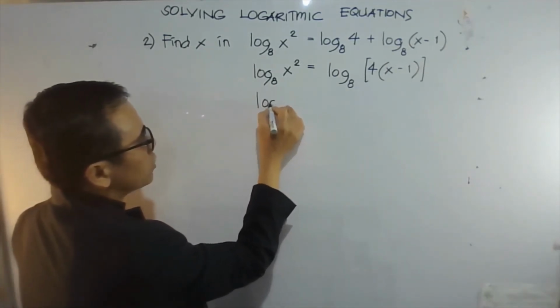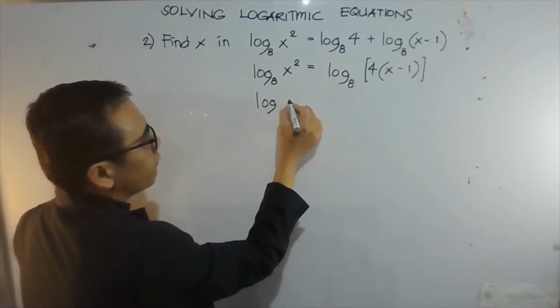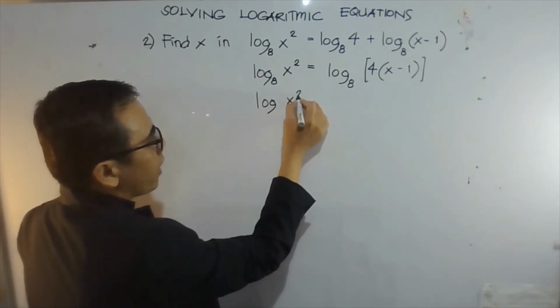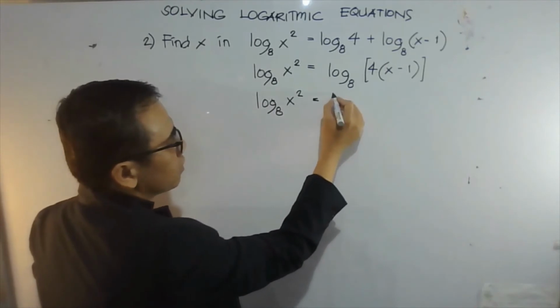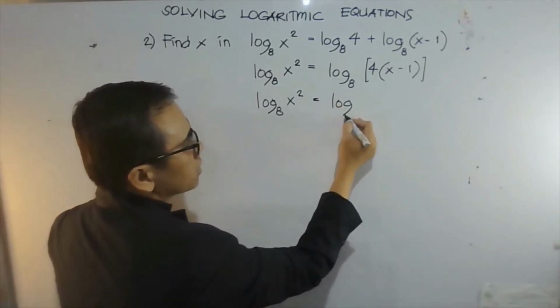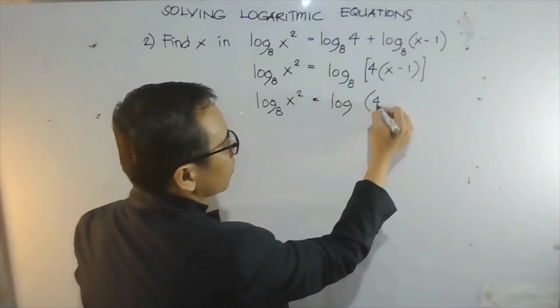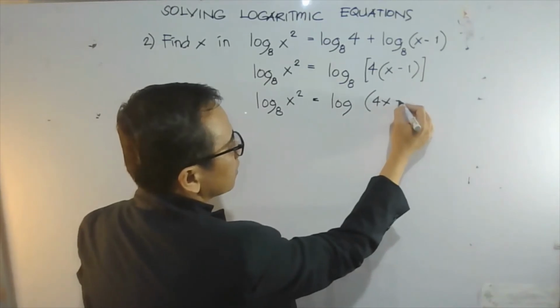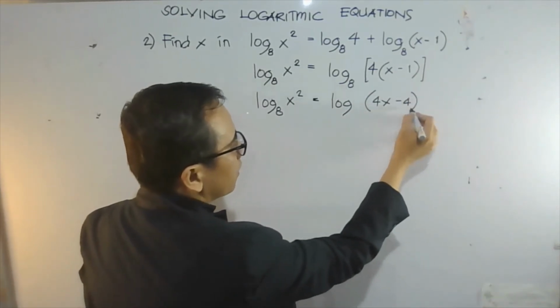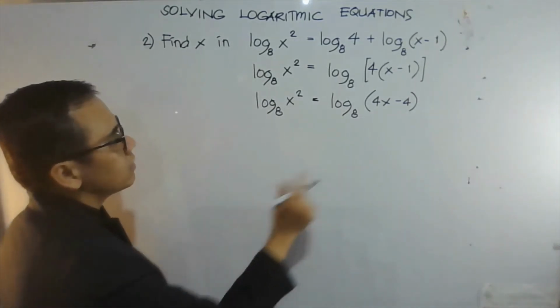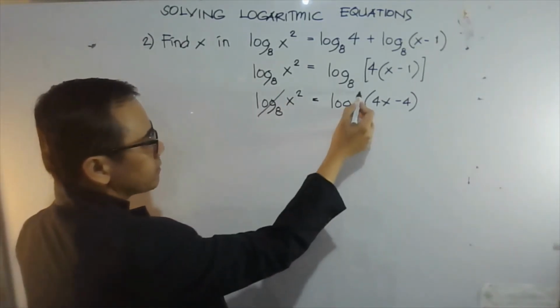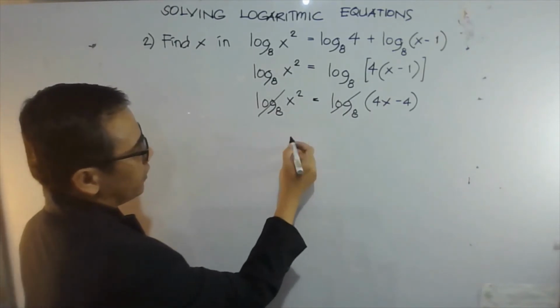The log of x squared base 8 is equal to the log of 4x minus 4 base 8. Now we can eliminate the logarithm already.